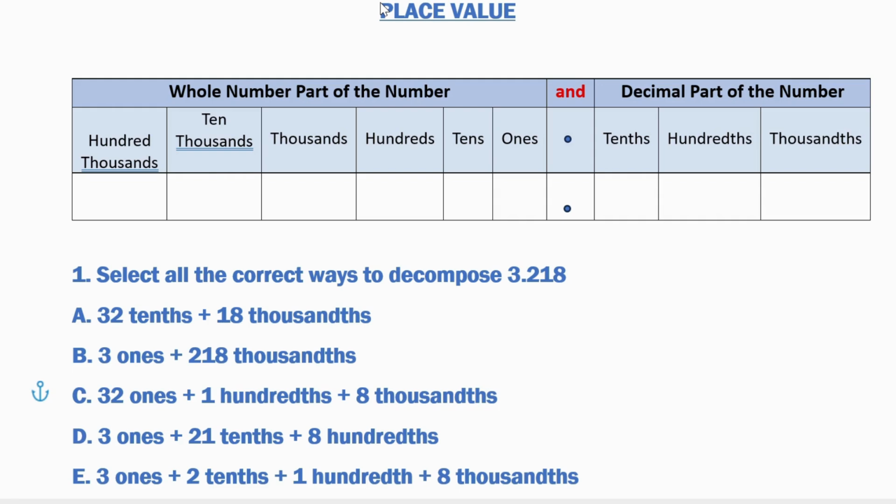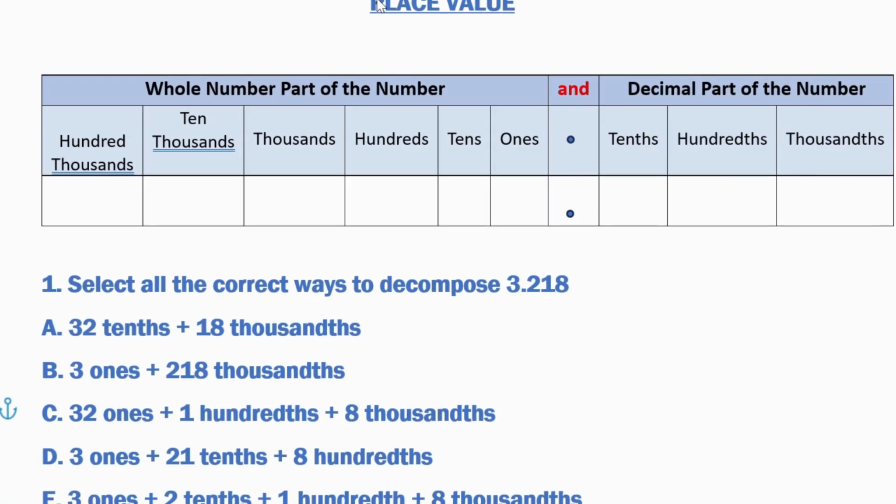So 32 tenths, I'm going to put the last digit, which is the 2, in the tenths place, followed by the 3 right next to it to make 3 and 2 tenths. Then I'm going to look at 18 thousandths and notice that the last digit should be in the thousandths place. So I wrote 8 in the thousandths place, followed by a 1 in the hundredths place. And it reads 3 and 218 thousandths, which is a correct answer.